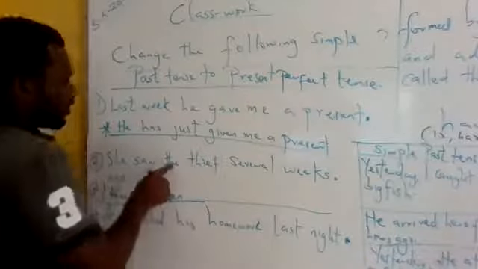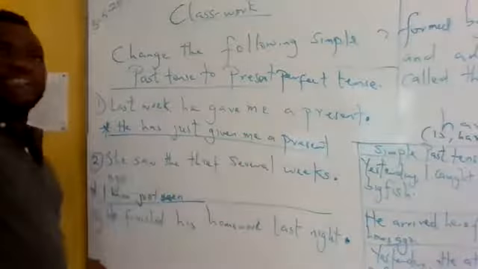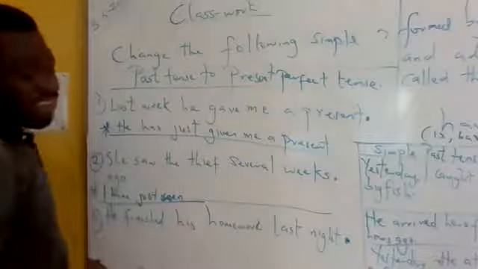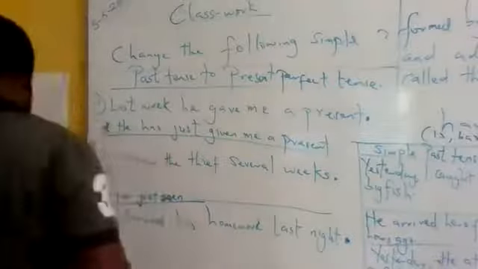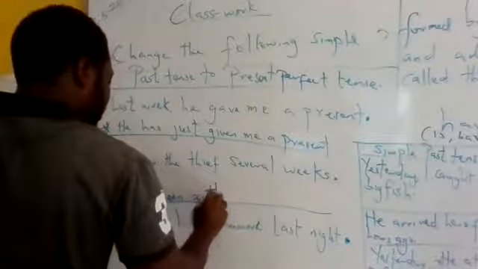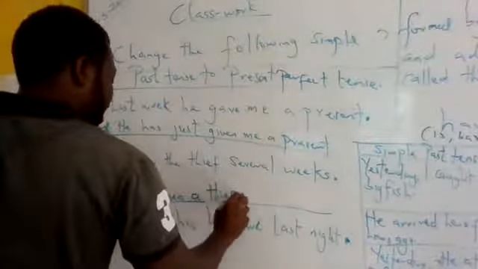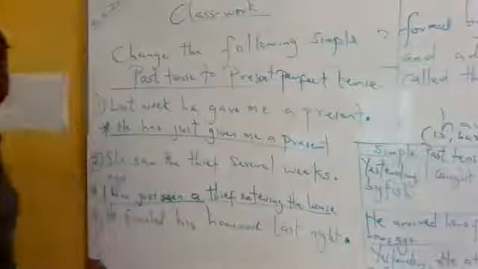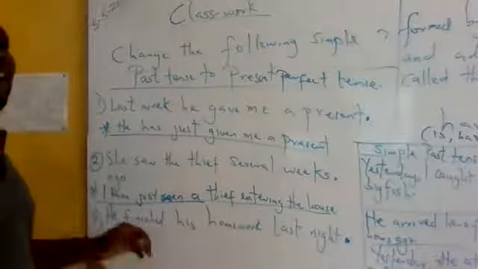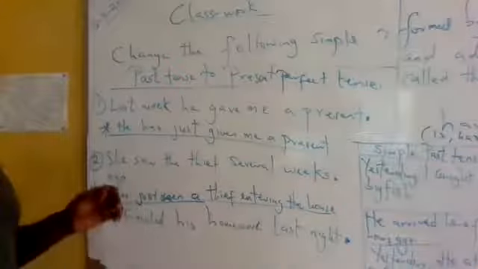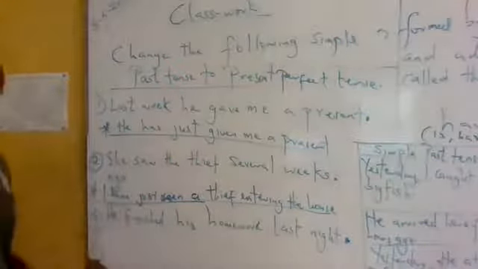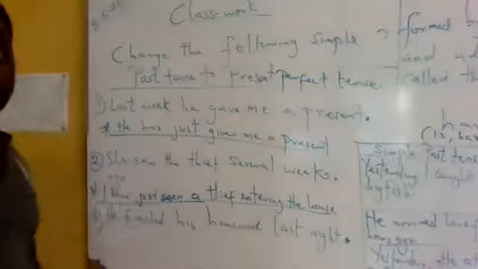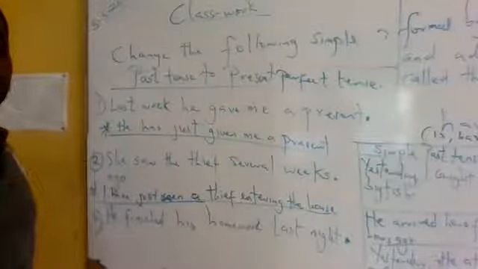Now, something interesting here. It said the thief. Probably they've talked about the thief in the past. Are you getting me? It could be I have just seen the thief, or I have just seen a thief entering the house. Or it could even be, I have just seen the thief that came last week, the previous week.